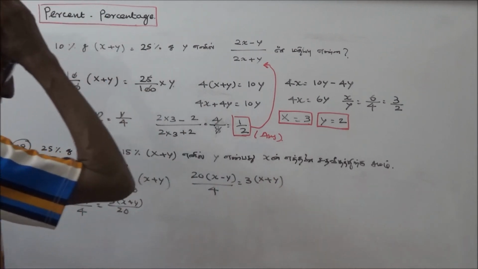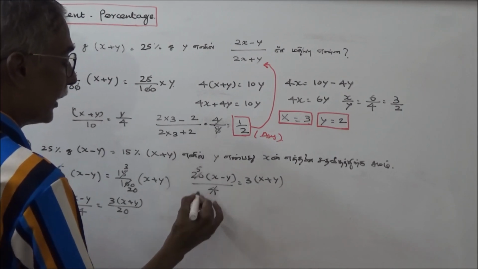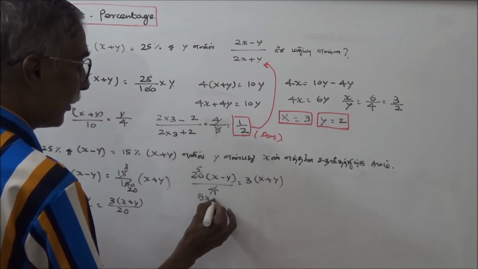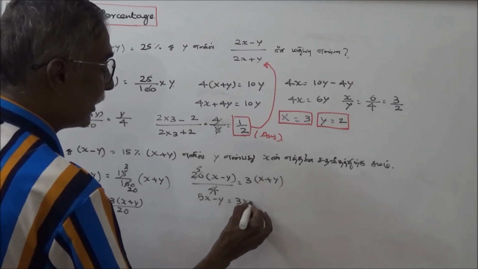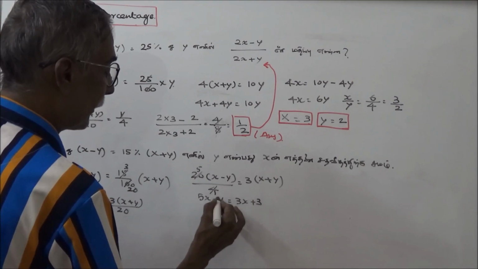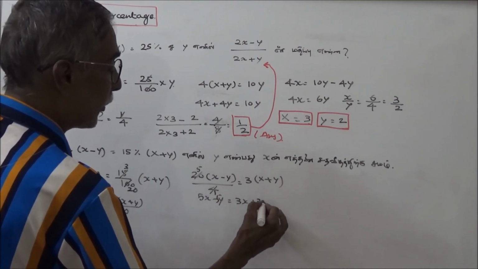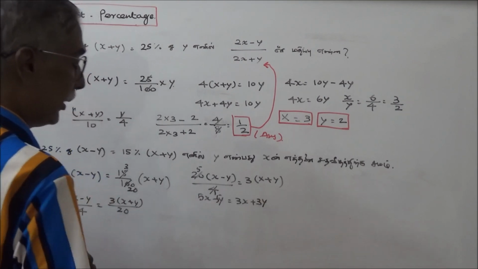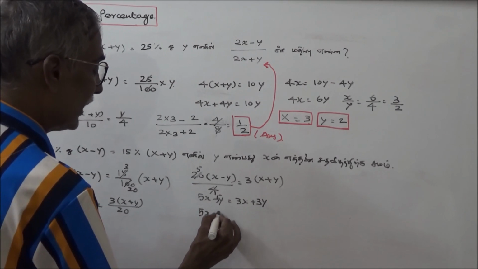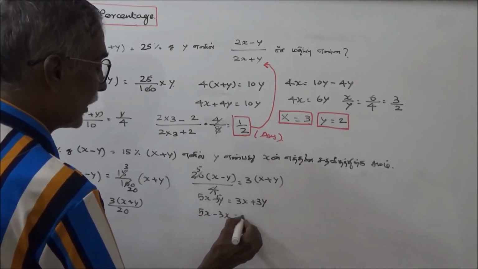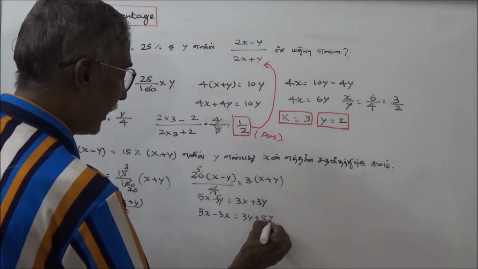This will become 5 into (x minus y) is equal to 3x plus 3y. 5x minus 5y is equal to 3x plus 3y. So 5x minus 3x is equal to 3y plus 5y.